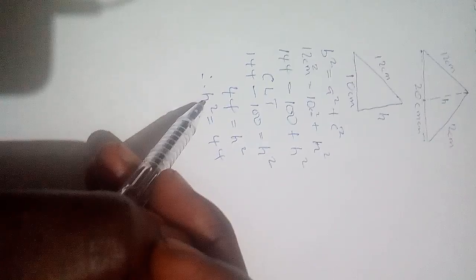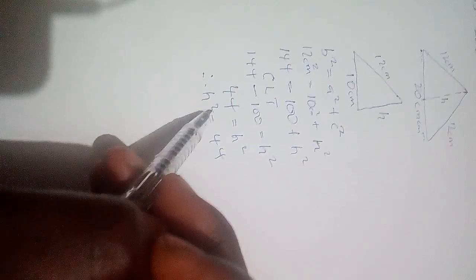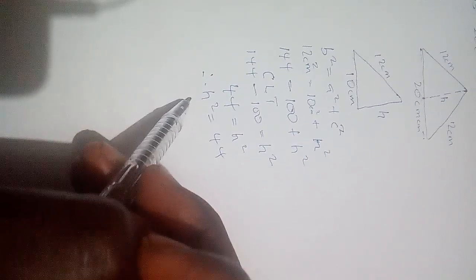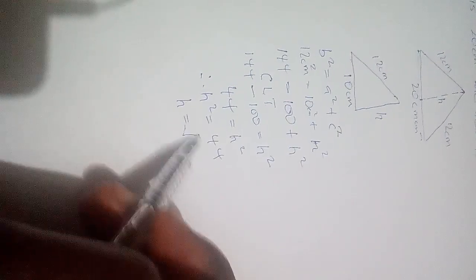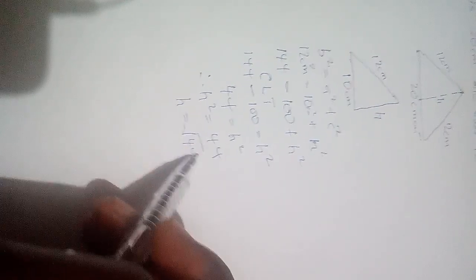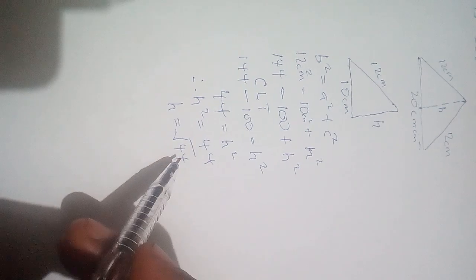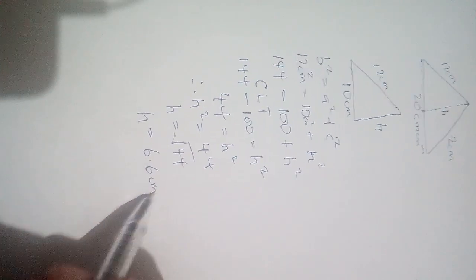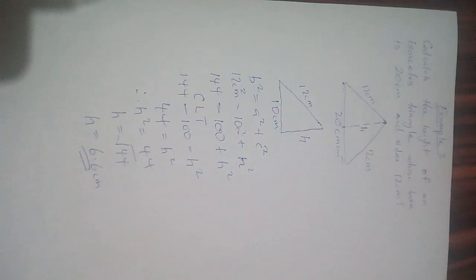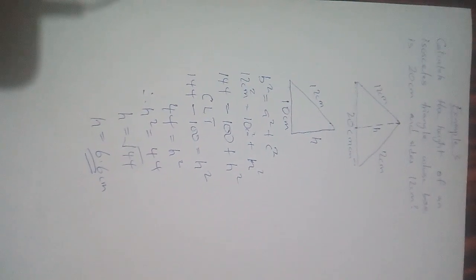This also means, therefore, that h square is equal to 44. How are we going to get h to be on its own? The square will cross the equal to sign to become square root. So h will be equal to the square root of 44, which is h becoming what? 6.6 centimeter. That's your answer for example 3.